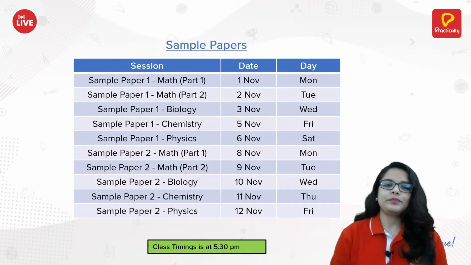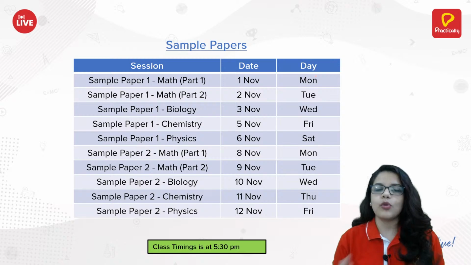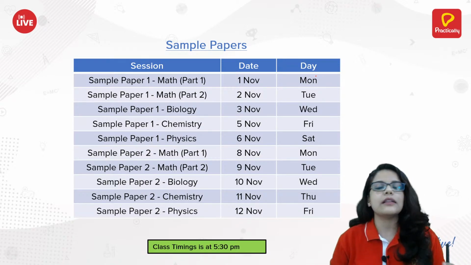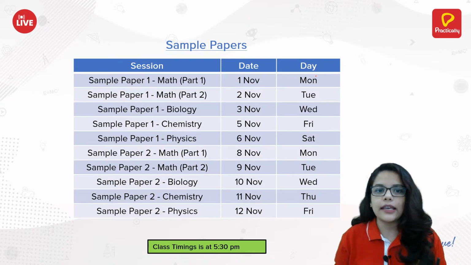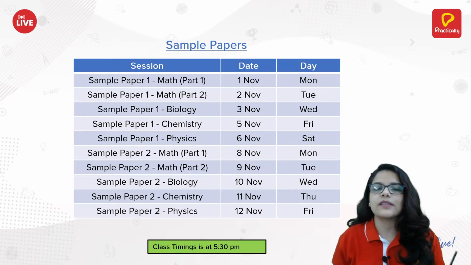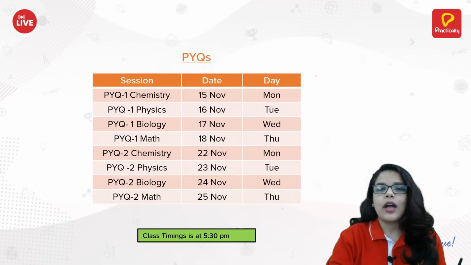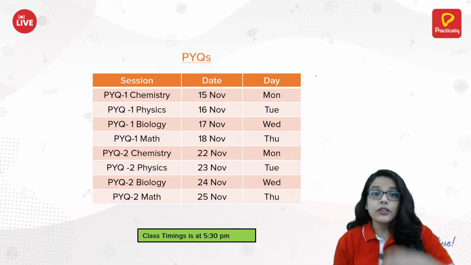Now, as I said, we have classes running. All through the month, we'll be concentrating on the exams, nothing else. It will be for all the subjects: maths, physics, chemistry, bio. In the first half, we'll be discussing some sample papers and sample questions which we think might come in your exams. And then we'll be discussing the previous year questions.